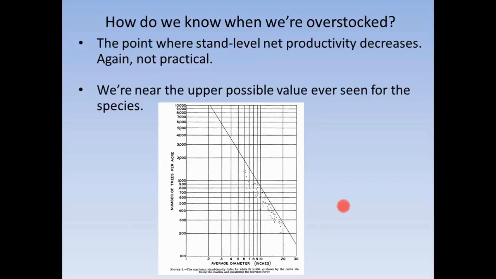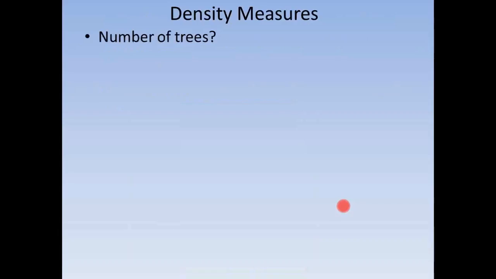What I mean by that is, hey, let's go measure a bunch of stands, and let's find the most dense stands based on some sort of criteria. And that high level of density is going to capture the A-line or something close to the A-line. I'm going to talk more about the SDI approach, which is shown here, but that's really what's been done: looking at a bunch of stands, making the assumption that some of those stands are at the point of maximum density, and then trying to draw a line and put a value on that upper level of density.